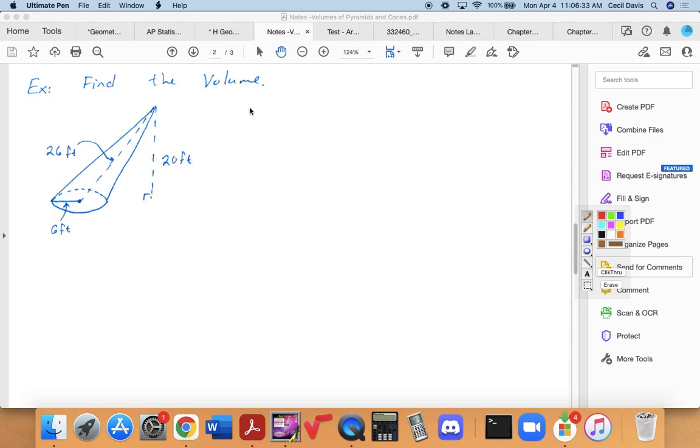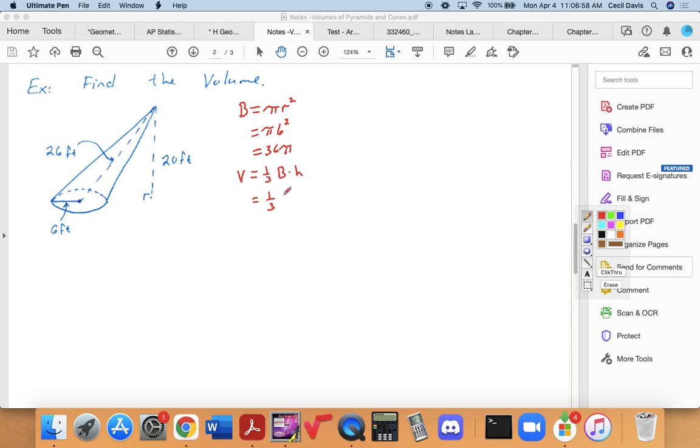So again, we'll start with the base. The area of the base is pi times the radius squared, so it's pi times 6 squared, which is 36 pi. And then the volume is 1/3 of the area of the base times the height.